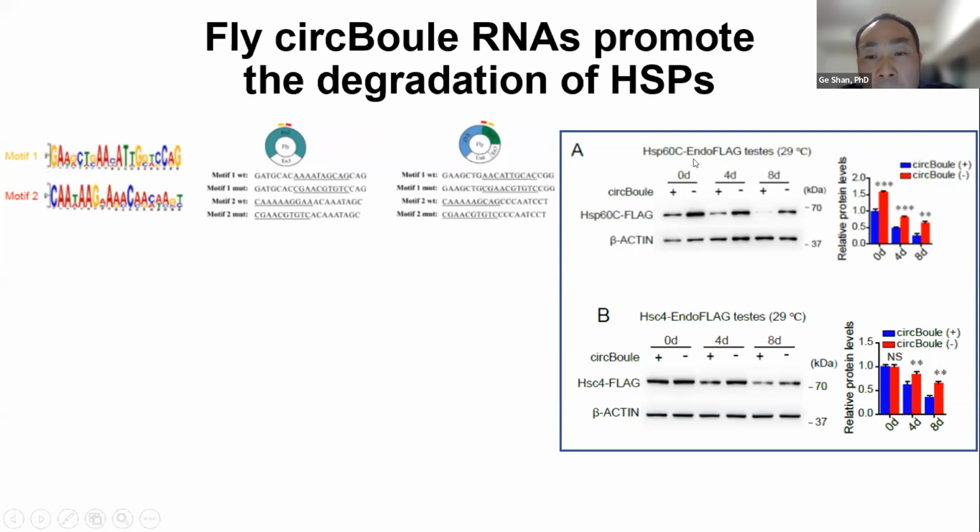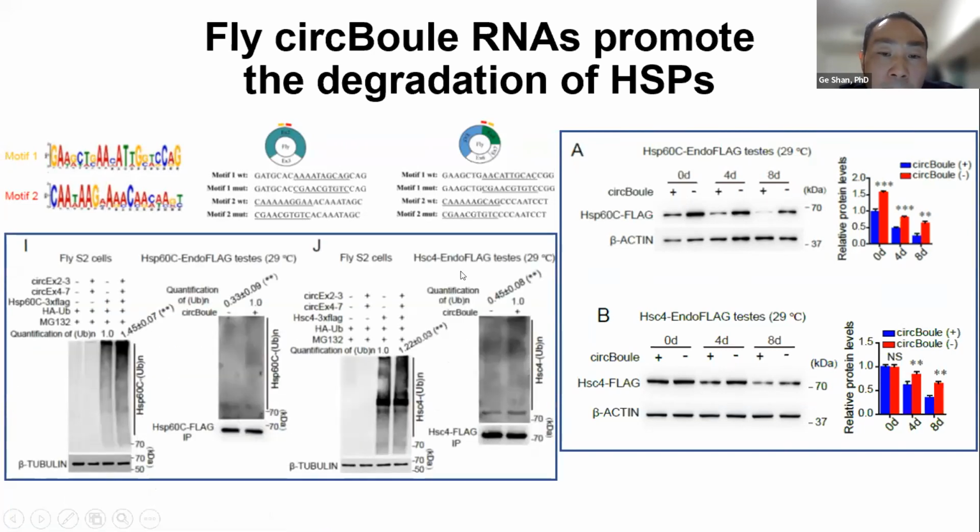circBoule RNAs promote the degradation of both heat shock proteins. Without circBoule RNA, we always see heat shock protein levels higher, especially under heat shock condition. We found that circBoule RNAs promote the polyubiquitination of both heat shock proteins.